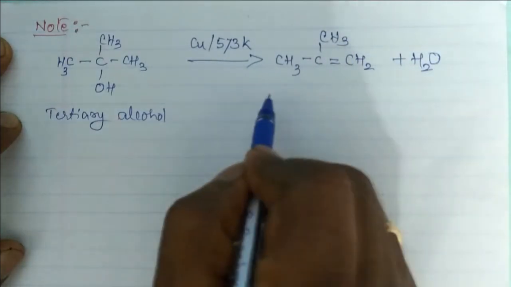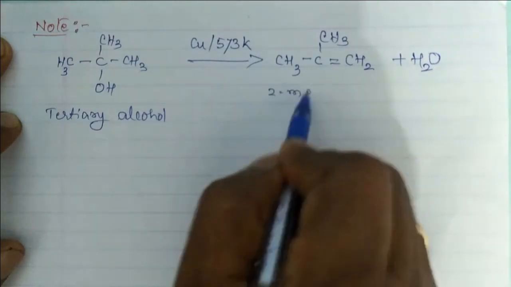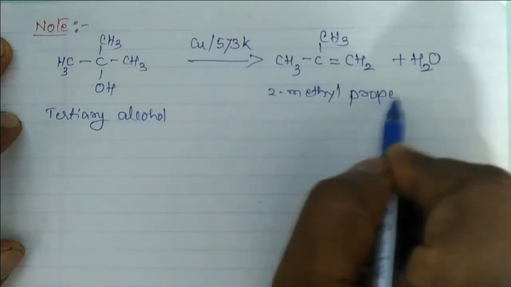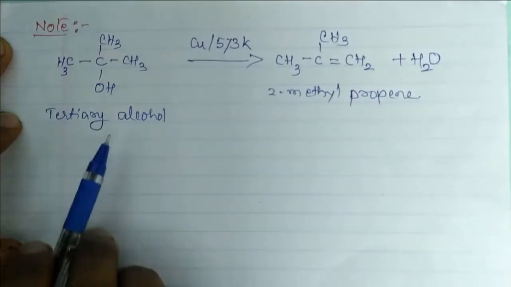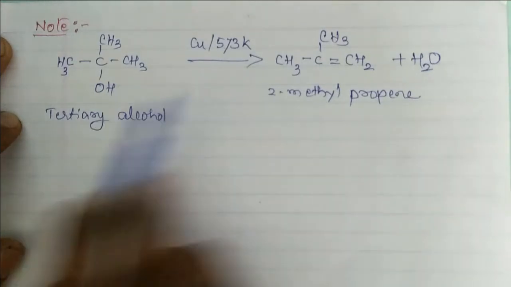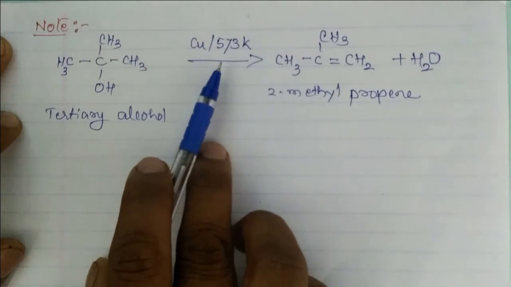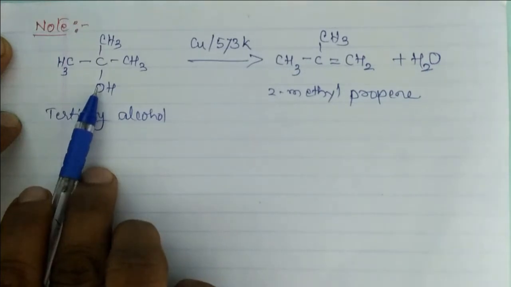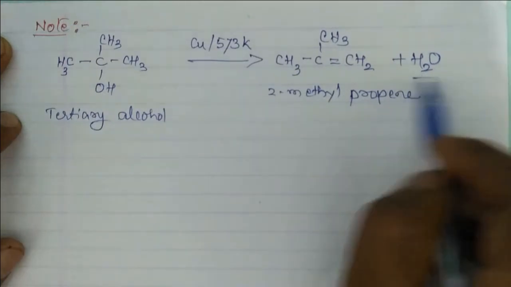This is 2-methyl propene. As tertiary alcohols do not contain hydrogen on the carbon containing the OH group, they undergo dehydration instead.